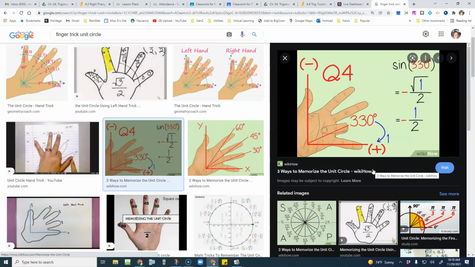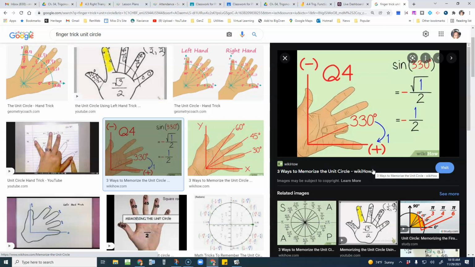Wait a minute. How does this help, by me just knowing how many fingers are below? Isn't the first coordinate 1/2? And what's the other ordered pair? No, it's 1/2 and √3/2, isn't it? Do we know our unit circle?